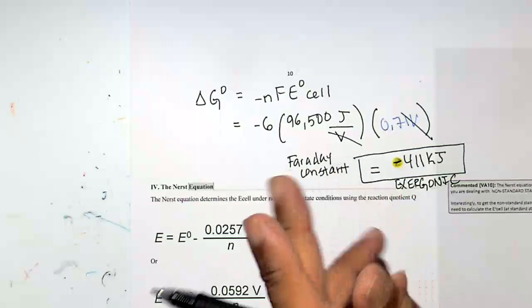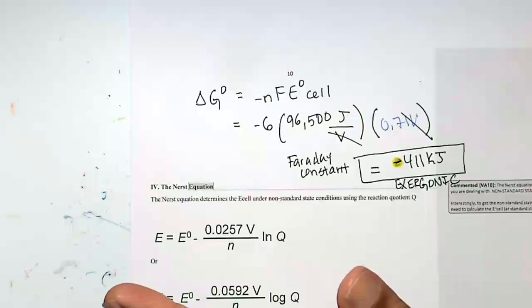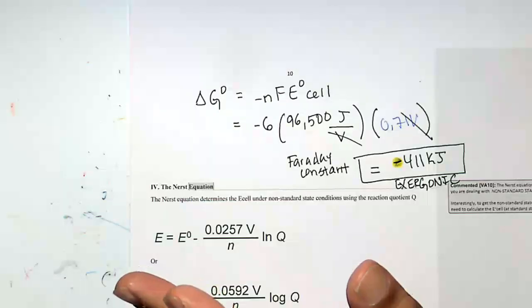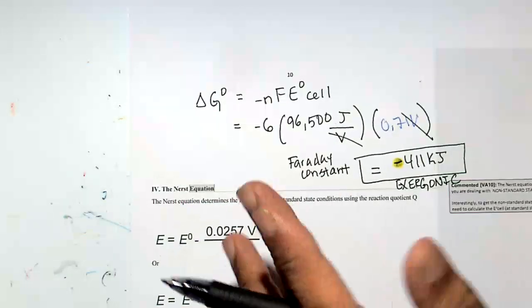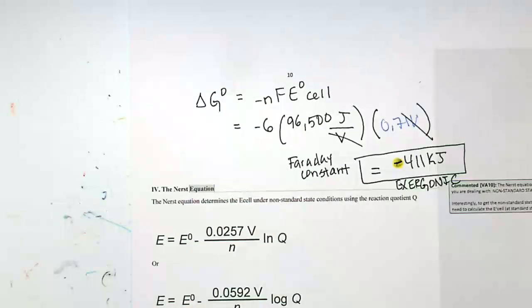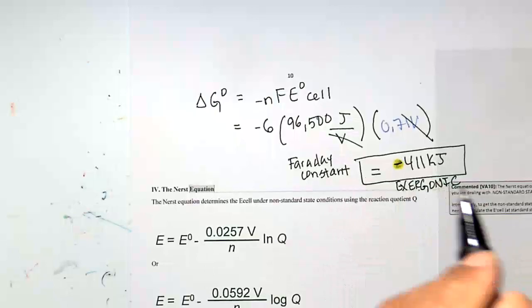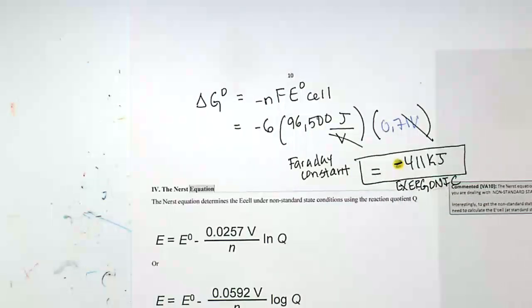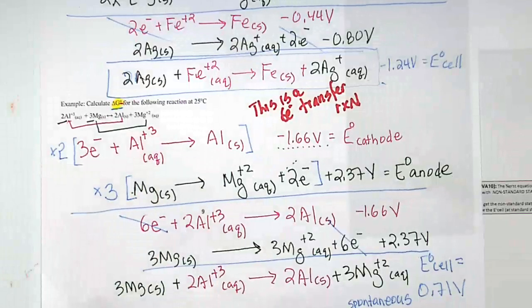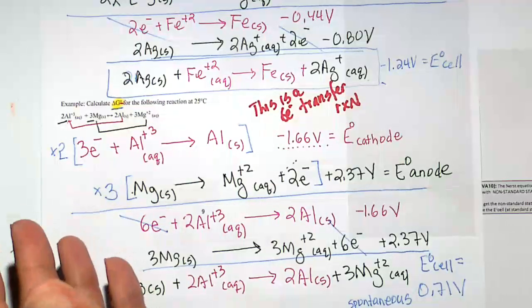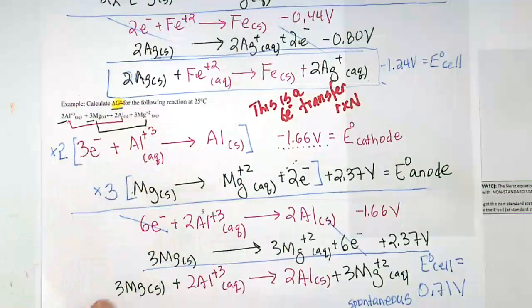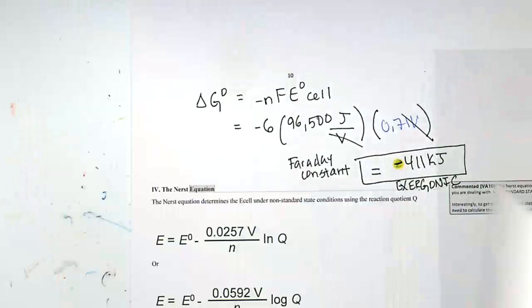So this will release energy that could be used to power, I don't know, a remote control car or something. It releases energy that could be captured and harnessed to do work. So this is exergonic. The positive voltage tells you that it's spontaneous. Everything aligns. Everything corroborates one another, which is what you want to happen in these things.